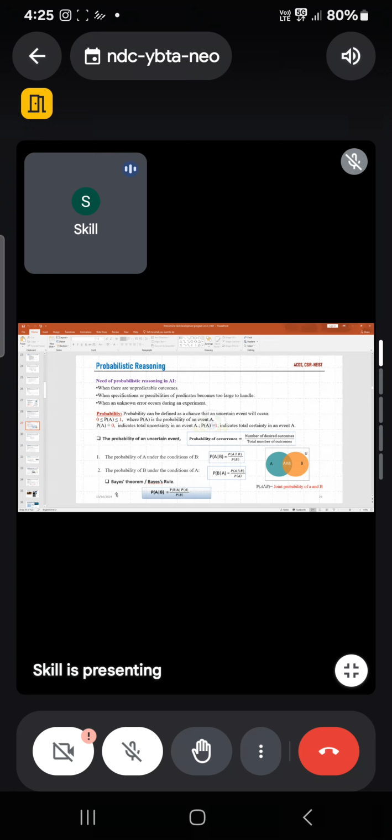Then the probability of A under the condition of B will be P(A|B) equals P(A and B) divided by P(B). Then the probability of B under the condition of A, P(B|A), equals P(A and B) divided by P(A). And P(A and B) is the joint probability of A and B, which you can see in the diagram.